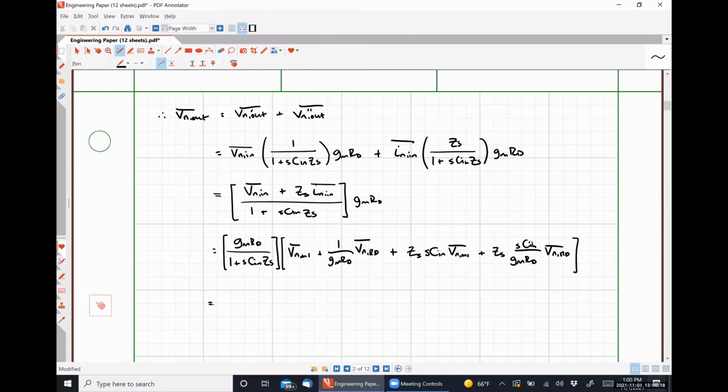And grouping like terms, I have GMRD divided by 1 plus SCN ZS multiplied by 1 plus SCN ZS VN M1 plus 1 plus SCN ZS divided by GMRD times VNRD.